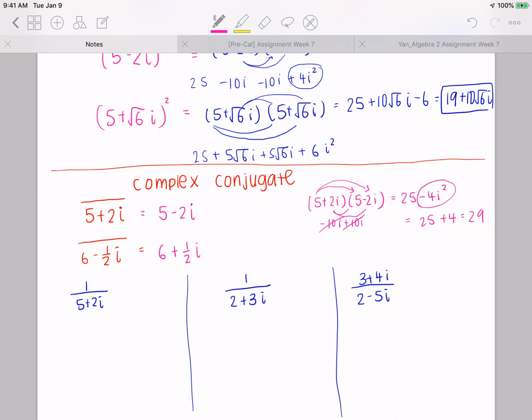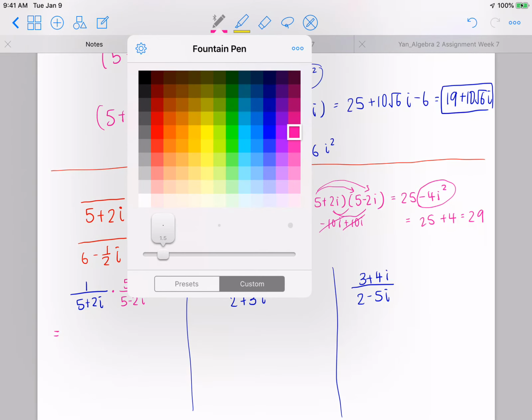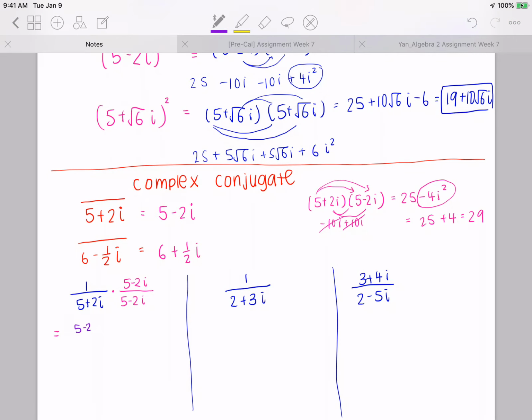So the first one, 1 over 5 plus 2i, this would be a question that you get on your homework, and you want to get rid of the i in the denominator. So we want to multiply by 5 minus 2i over 5 minus 2i, and the numerator will just be 5 minus 2i because we are taking a 1 times that.